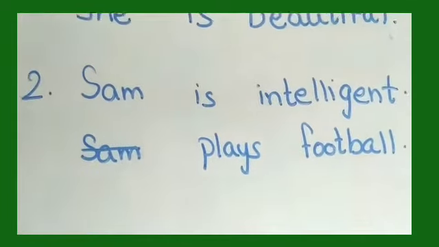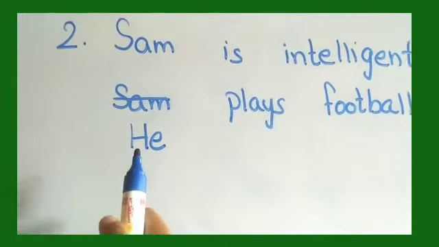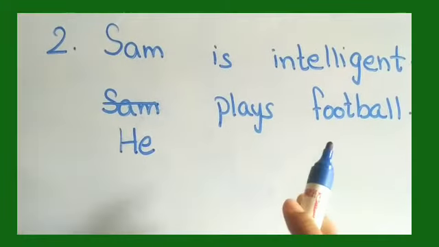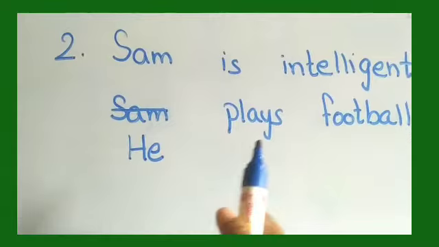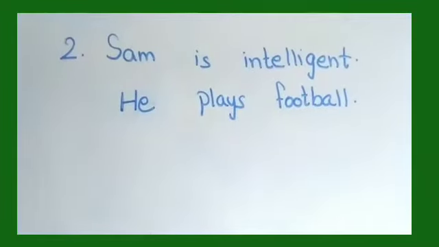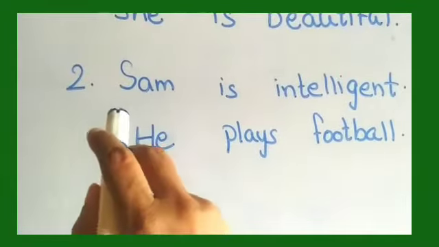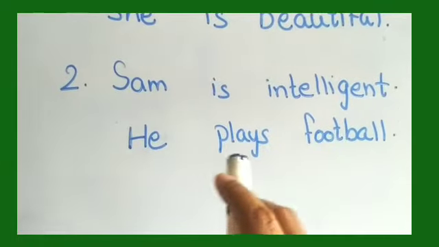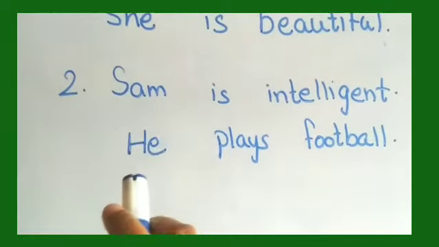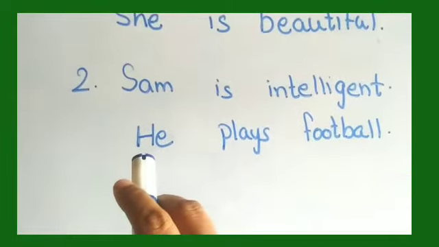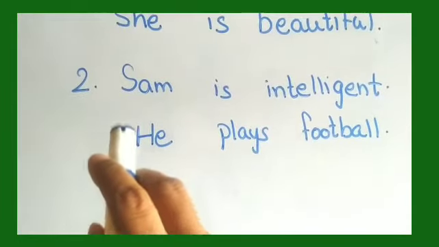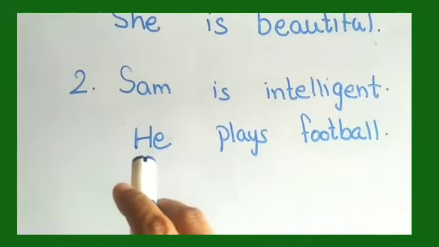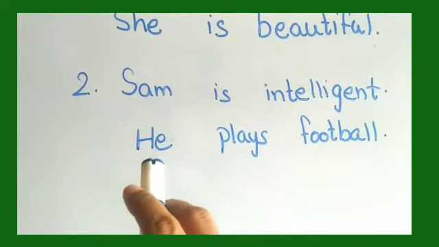And instead of Sam, we can write he plays football. So the sentence: Sam is intelligent, he plays football. Instead of writing Sam again, we have used the word he. We are replacing the naming word with a replace word.